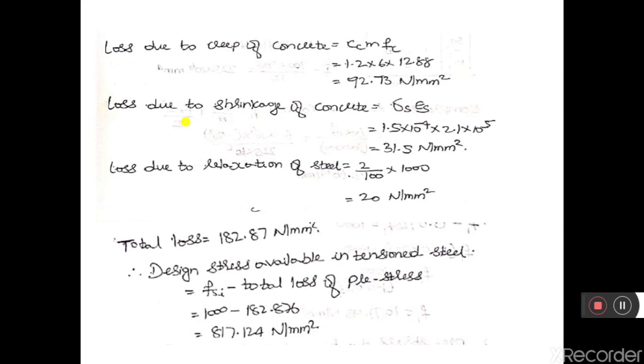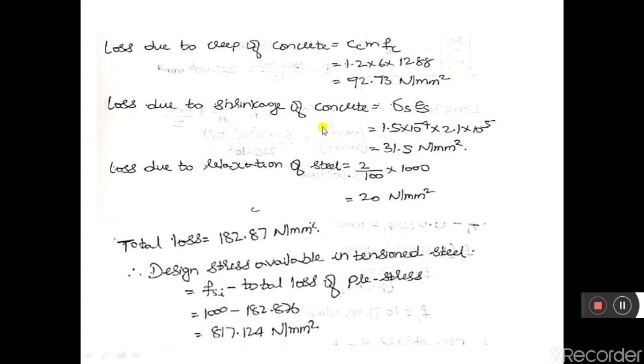Now let us calculate loss due to creep of concrete. So creep of concrete is equal to CC into M into FC. CC is creep coefficient, which is given 1.2, modular ratio 6. FC is compressive stress in the concrete. We have calculated by considering two different eccentricities at midspan and supports. So loss due to creep of concrete is 92.73 Newton per mm square.